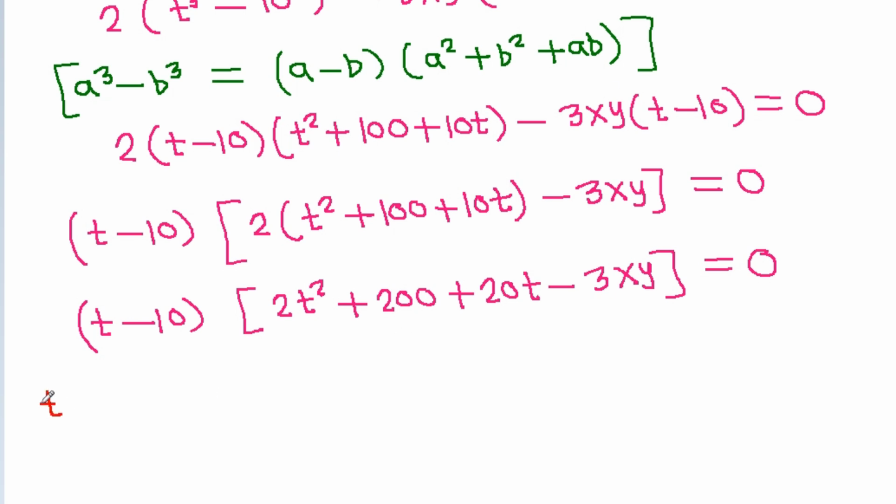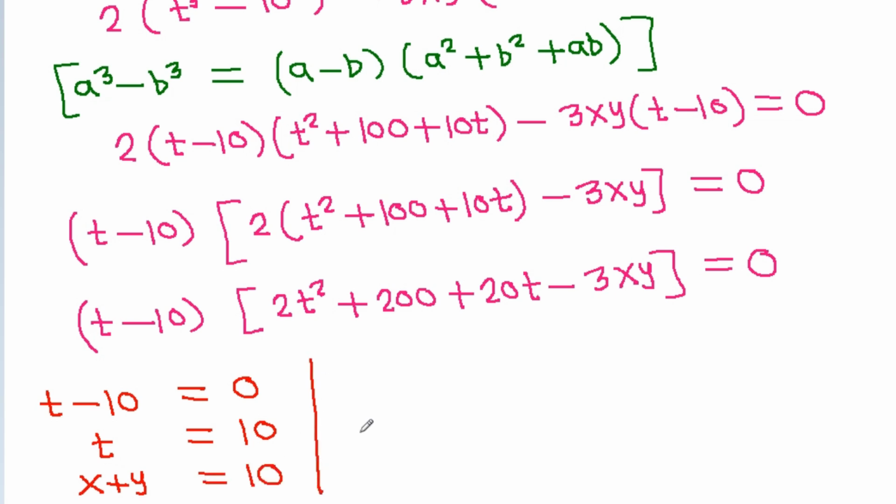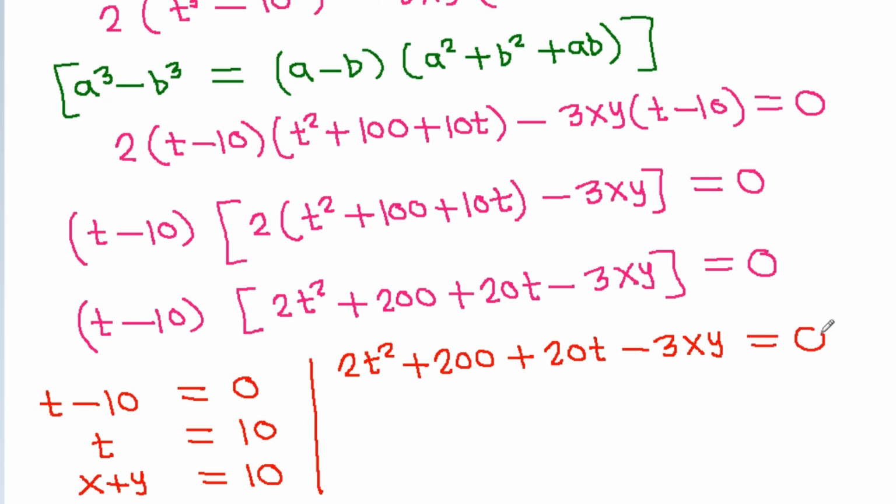So either t minus 10 will be equal to 0, that means t will be equal to 10, and t is x plus y, that is 10, or 2t square plus 200 plus 20t minus 3xy can be equal to 0.